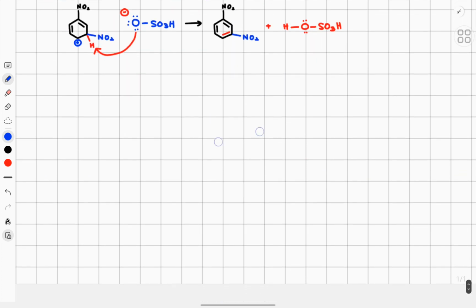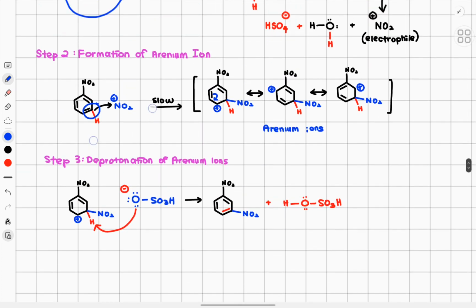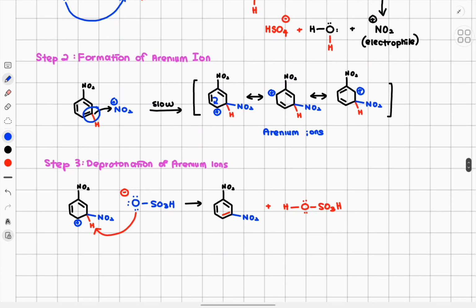So we just need to react it with the carbon here. Don't forget it has a hidden hydrogen here. Write it like this, and then under the slow reaction, form 3 different arenium ions.